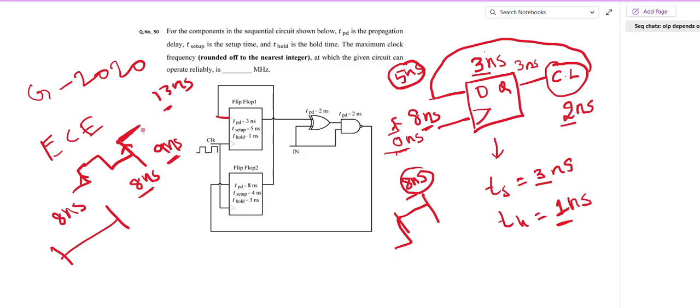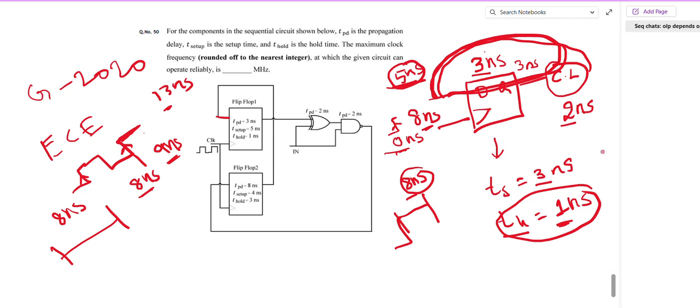I can ignore the hold time as long as my hold time is less than this delay. What is this delay here? 5 nanoseconds. So here my hold time is only 1 nanosecond. I can ignore the hold time. The hold time is taken into consideration only if it is greater than this delay. Your flip-flop delay and your combinational delay together are 5 nanosecond.